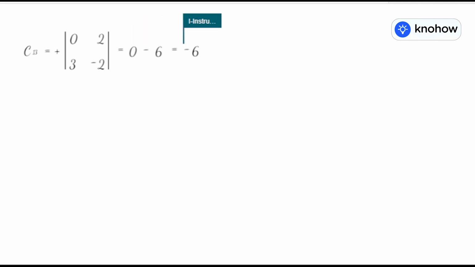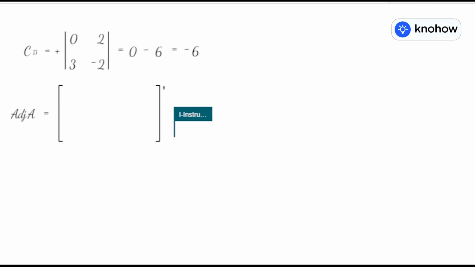Similarly, you try the rest of the cofactors yourself, and let me write here that adjoint A is the transpose of, we have already worked out the cofactors in the first row as 2, minus 9, minus 6, and the rest of them you find carefully, keeping in mind the signs also, and you will get 0, minus 2, minus 1, minus 1, 3, 2.